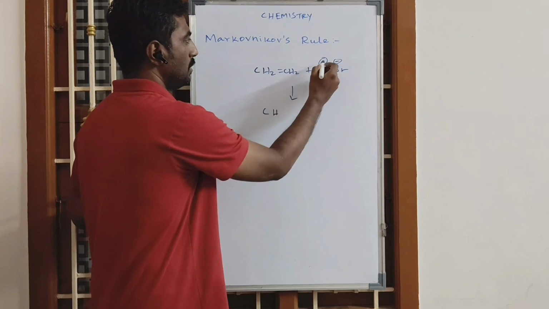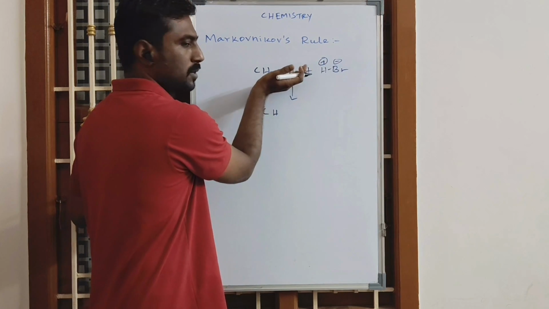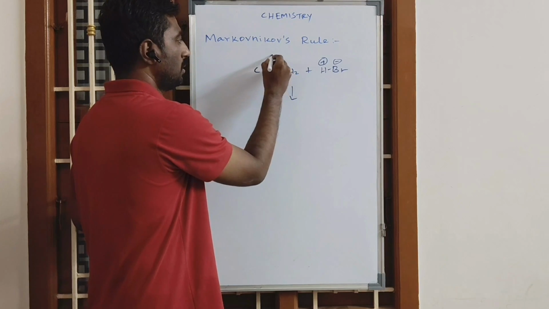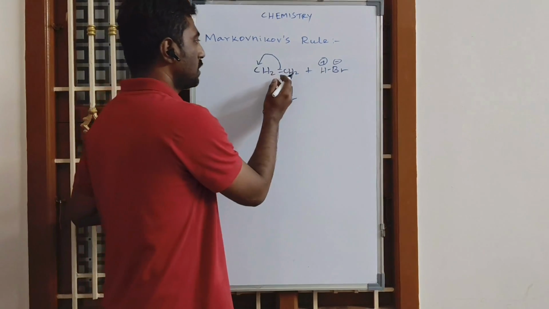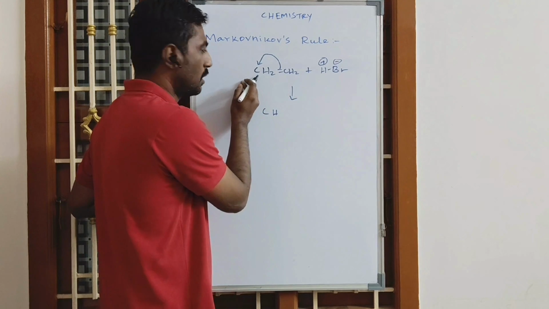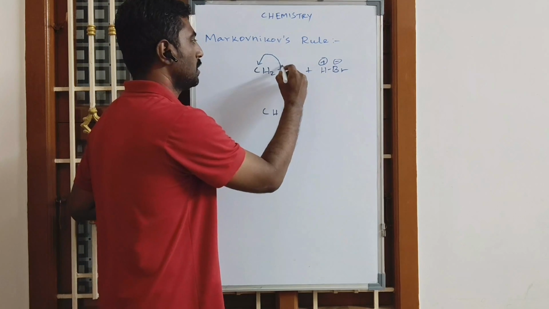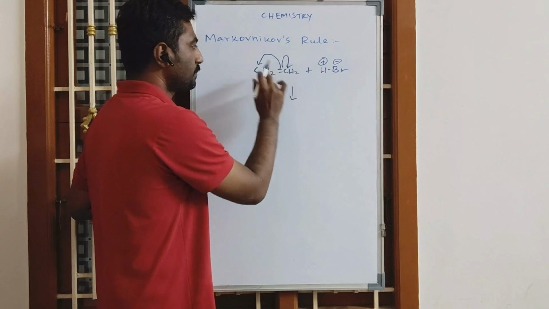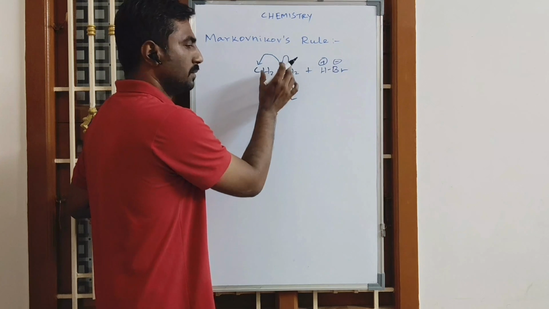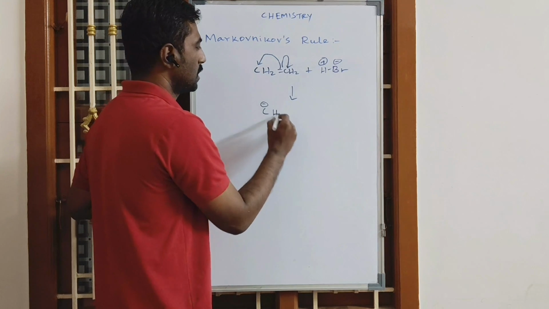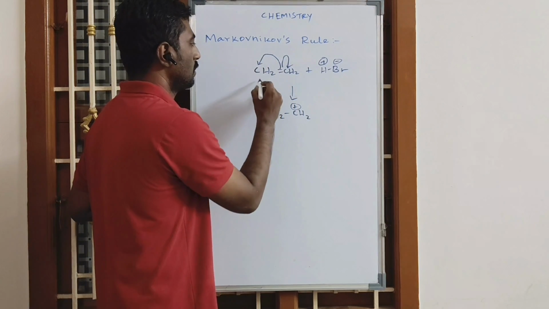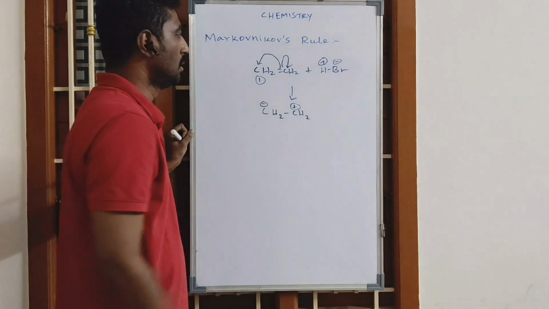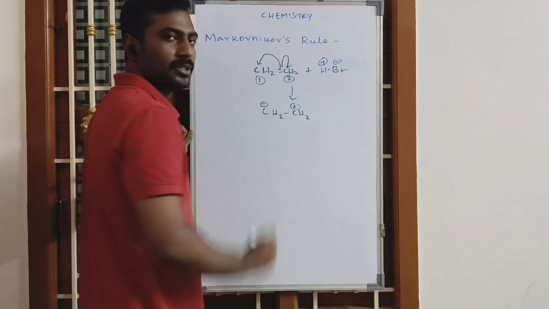Now, if the protic acid approaches the alkene, the double bond will have one pi bond. The pi electrons may move to either of these two carbons, because when it moves to any of them, it is going to attain the same intermediate. Consider this carbon to be number 1 and this carbon to be number 2.